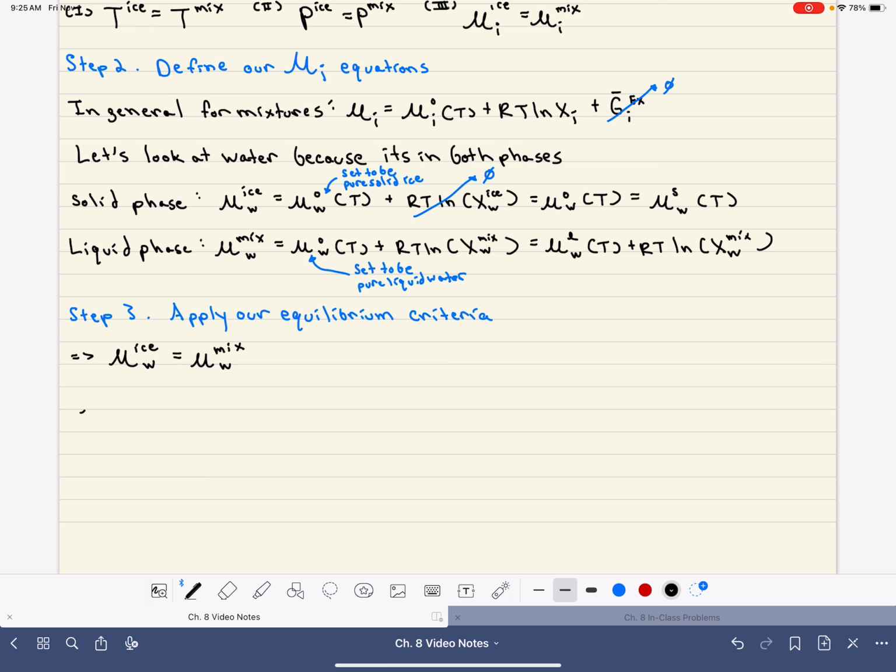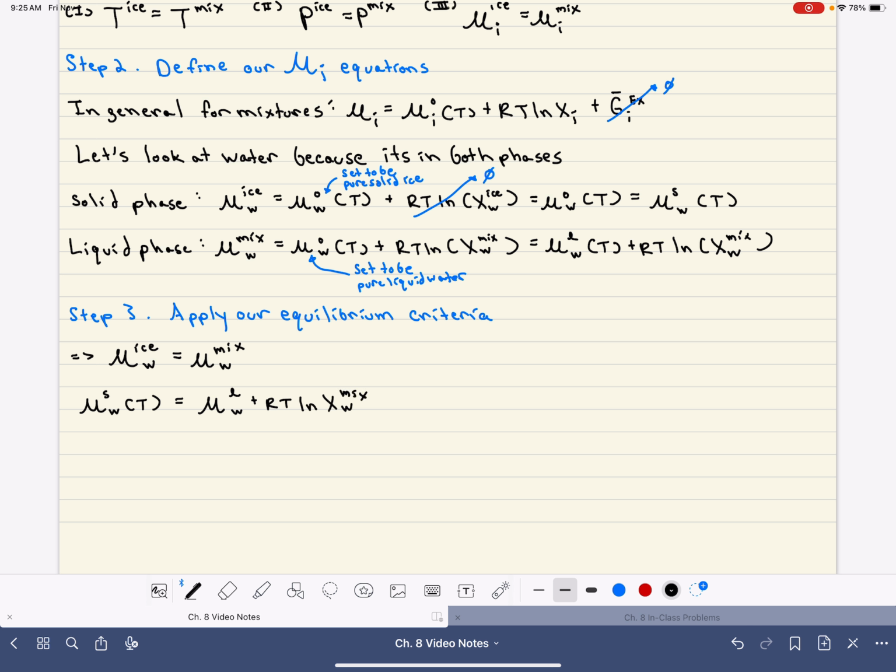So we have mu water ST, and we plug in for the mixture phase. Water liquid plus RT ln of XW mixture. Okay?